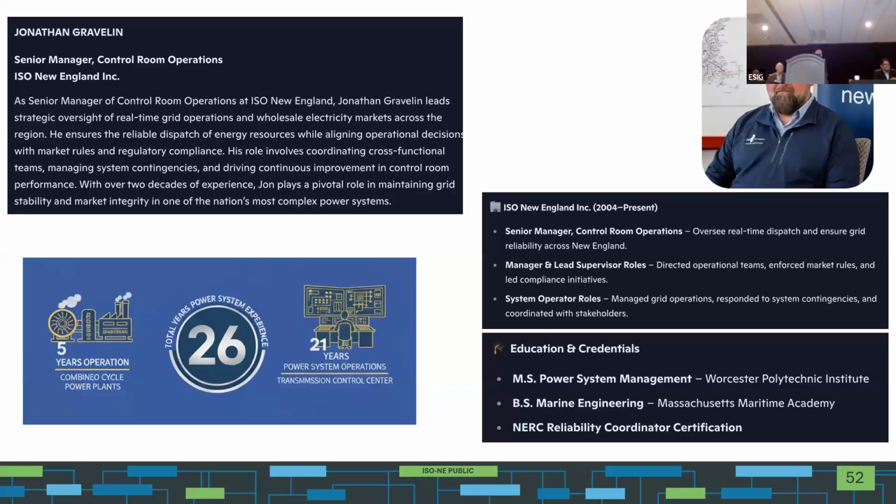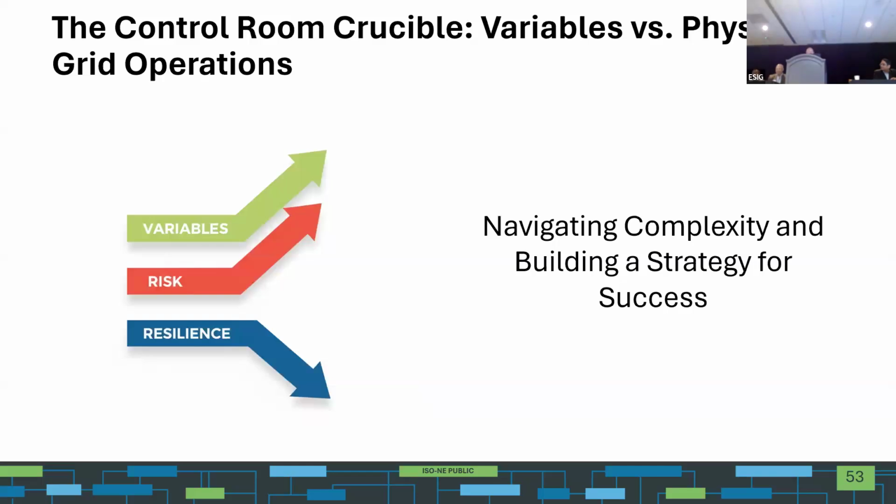So it's a little about me. The important part on there is I've been in the power industry for about 26 years, 21 of that in the ISO New England control room. So I've seen the power system progress from the way it used to be to where we are today and moving into the future. And I've gotten to see how complex it has become and how fast it has gotten there.